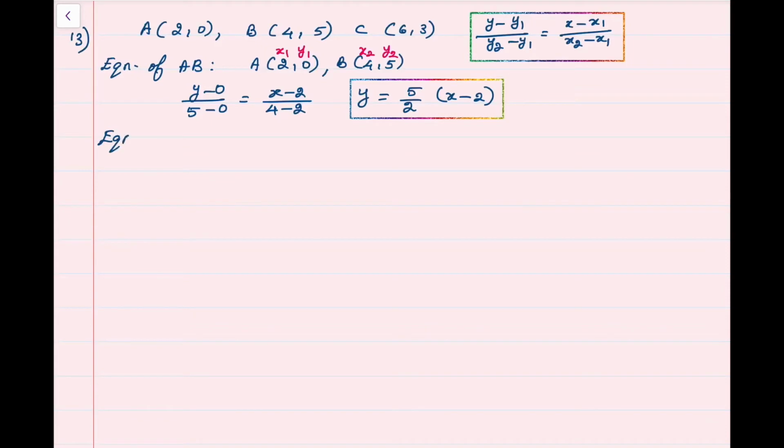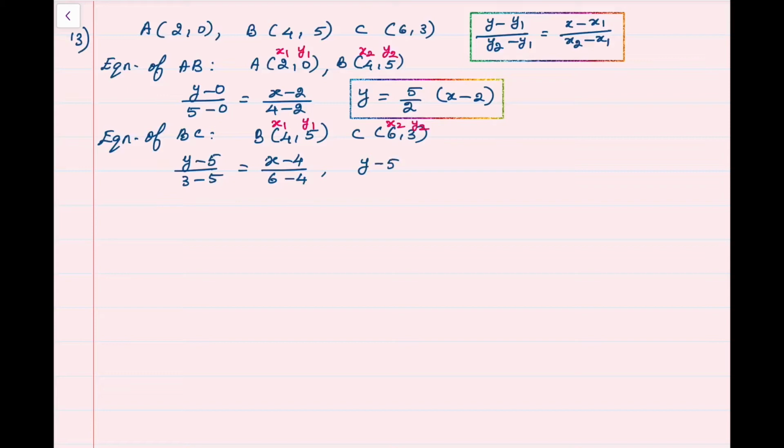Next, equation of BC. B is 4 5, C is 6 3. We will take x1 y1, x2 y2 using the formula of y minus 5 divided by 3 minus 5 equal to x minus 4 divided by 6 minus 4.